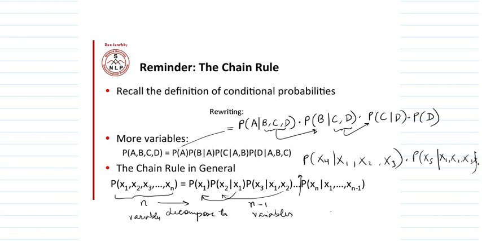If I want to write the same expression or same decomposition with the help of this kind of methodology, I would write p of d. I choose one variable, I choose d from here, p of d, and condition it on the rest of the variables, p of d given a, b, c.